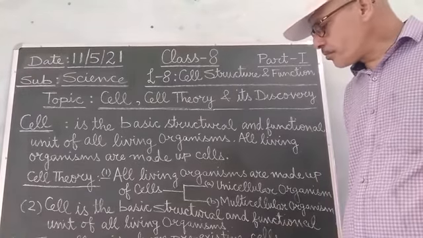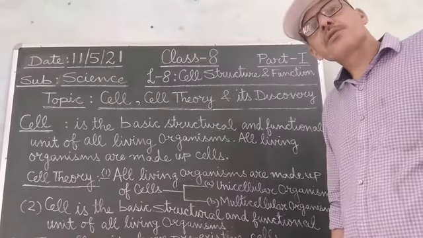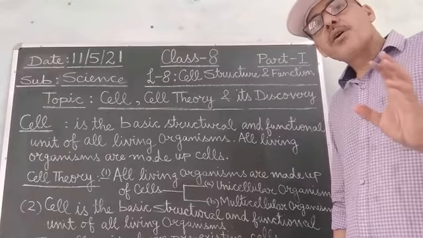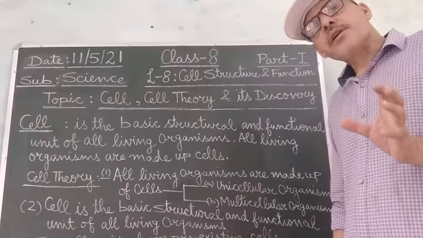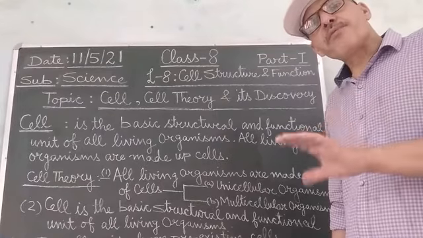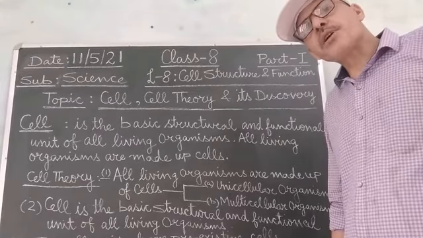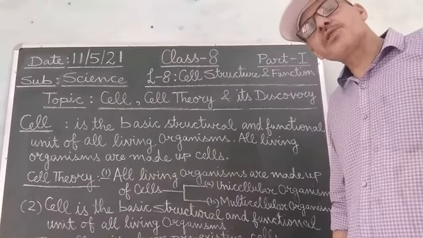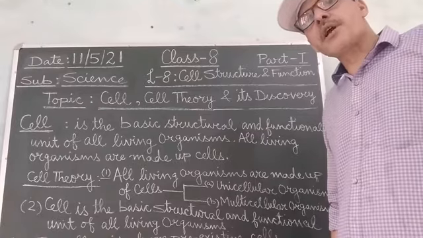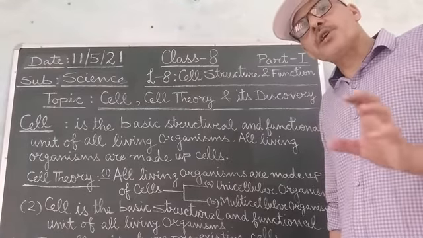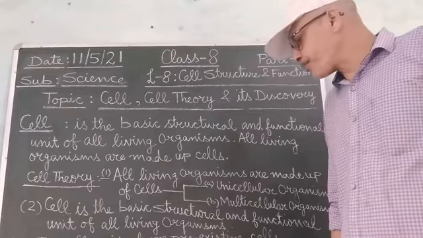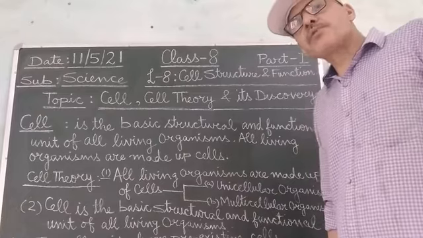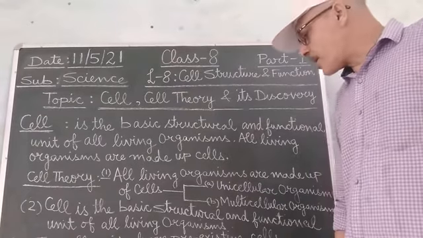The shape and size of the cells present in the body of a living organism also differ depending upon the type of function they are performing inside the body. On the basis of the function, their shape and size vary. Now I will tell you about the shape of the various types of cells found in our body.